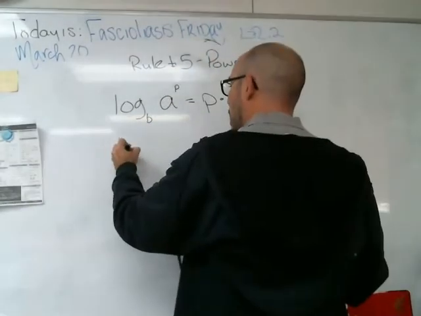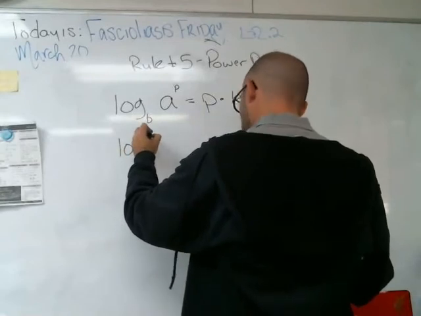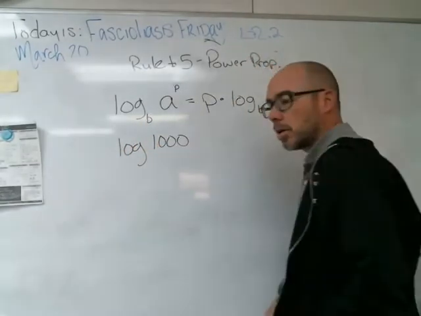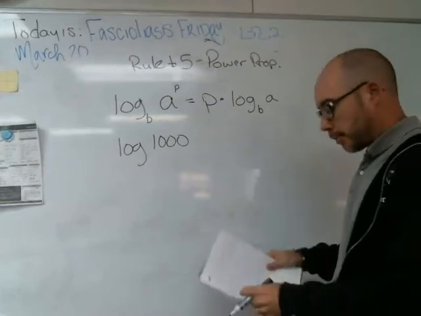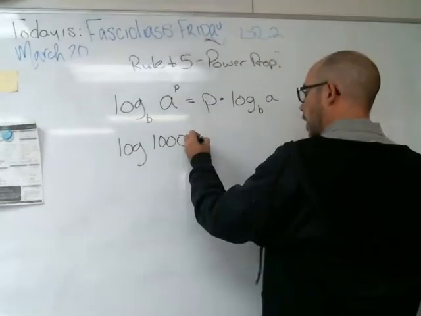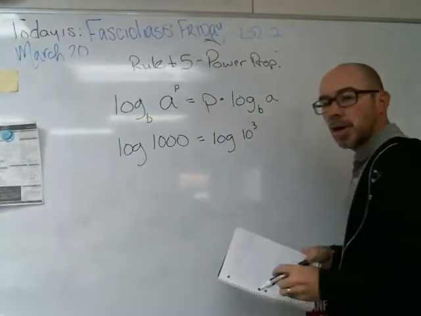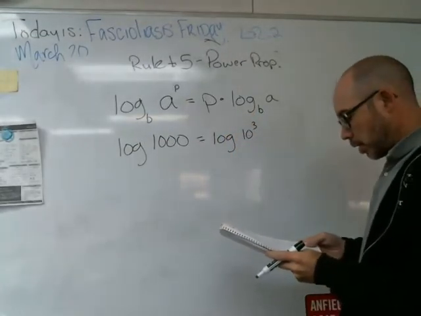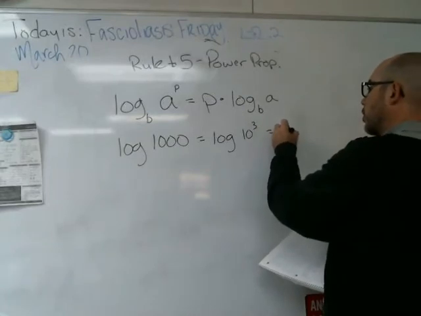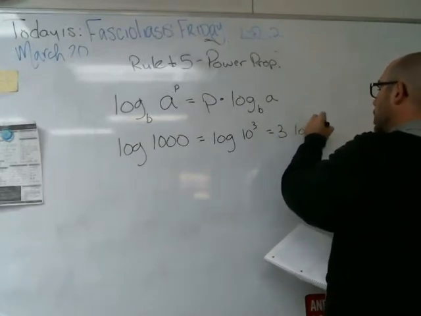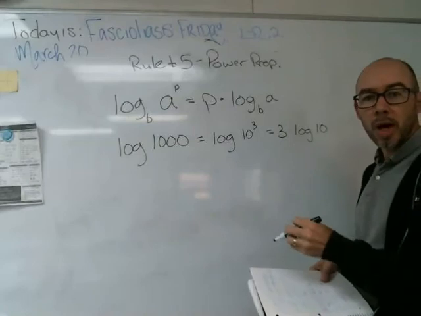So let me show you why this works. Log base 10, the common log of 1,000. Let's rewrite that 1,000 as 10 to the third. This says I can go 3 times log 10 of 10, which is 1.